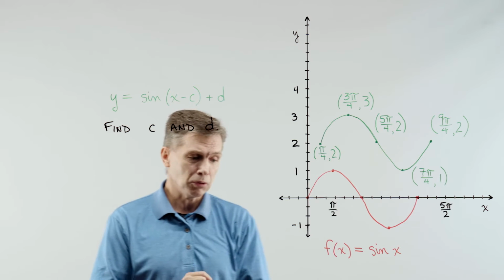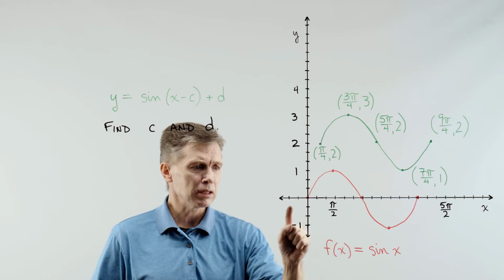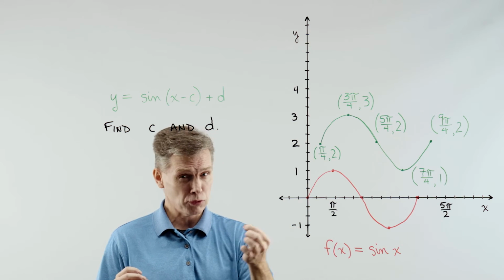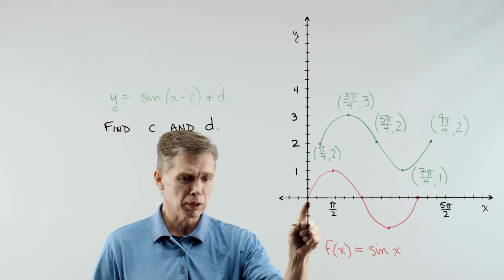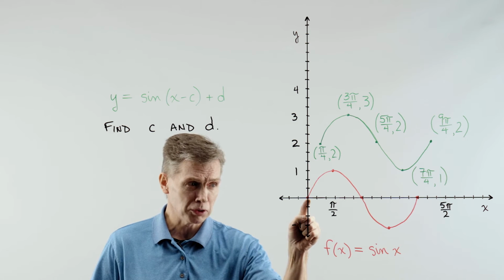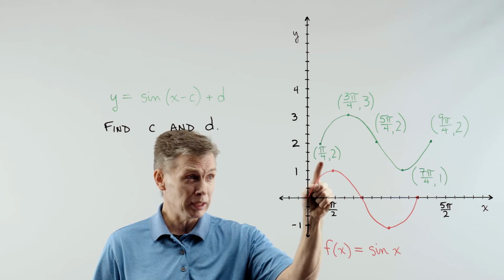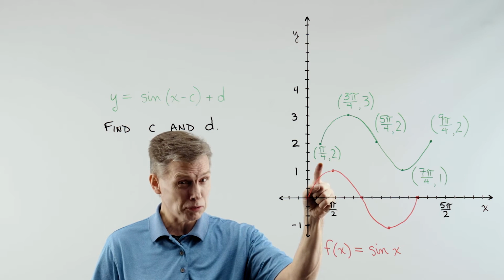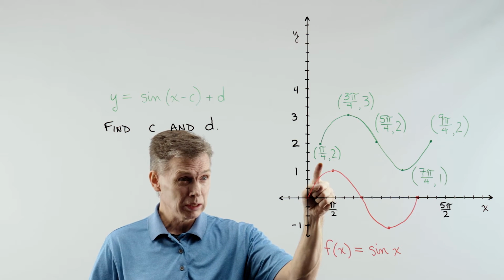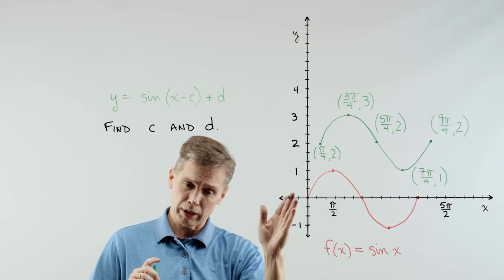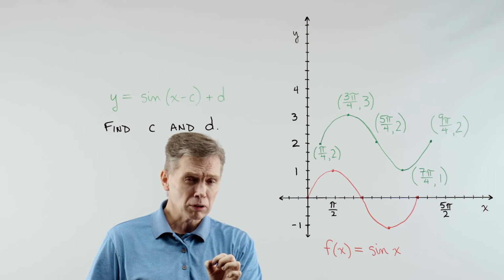The key is just to try to line up the corresponding points. For instance, the start of your sine of x graph is good old (0, 0), the origin. The corresponding point in this graph is (pi over 4, 2). Now let's make a more general observation.